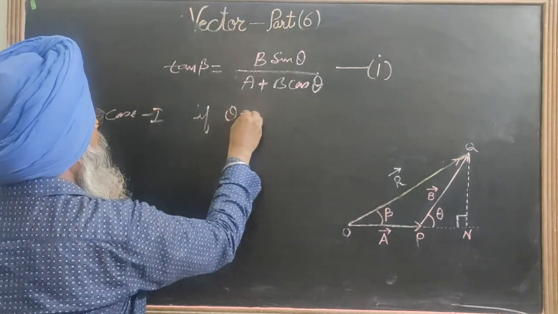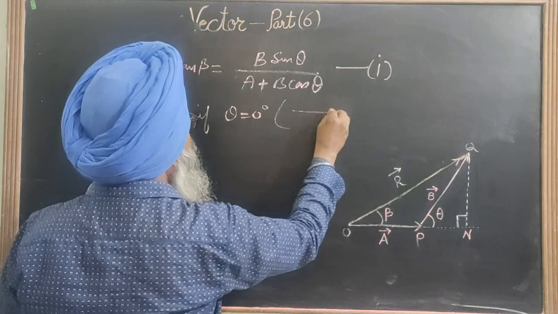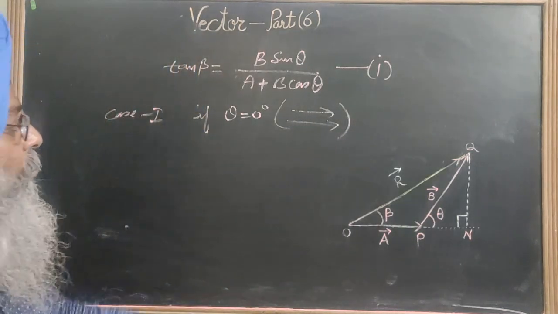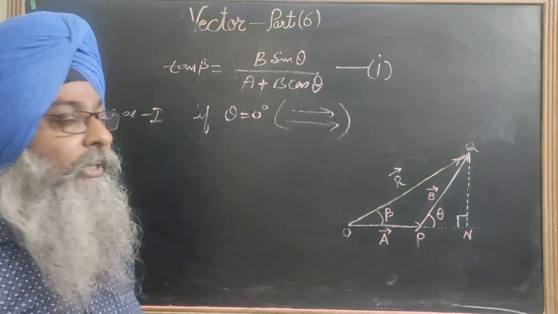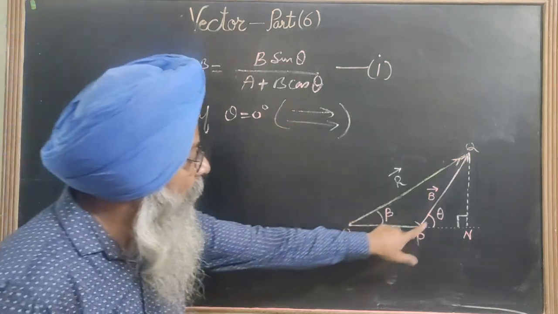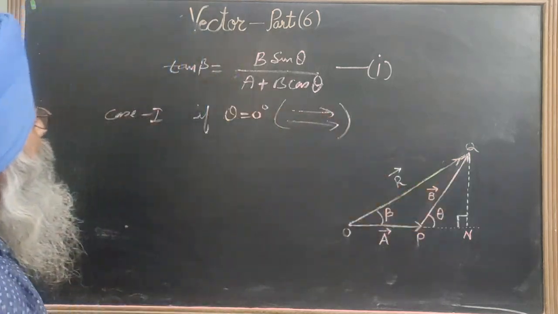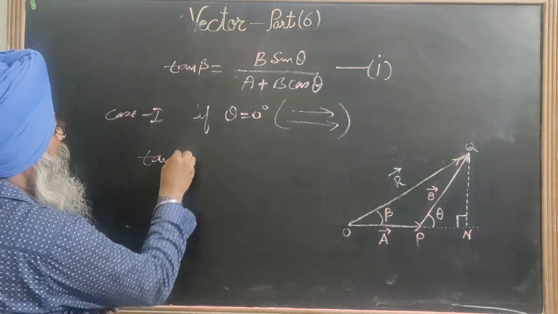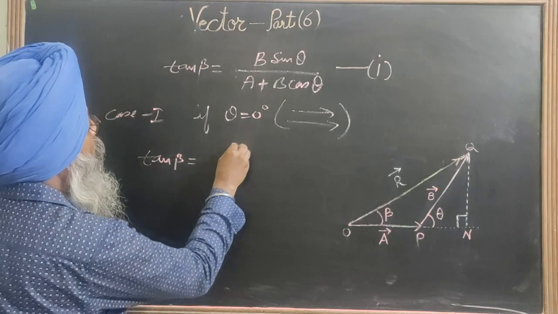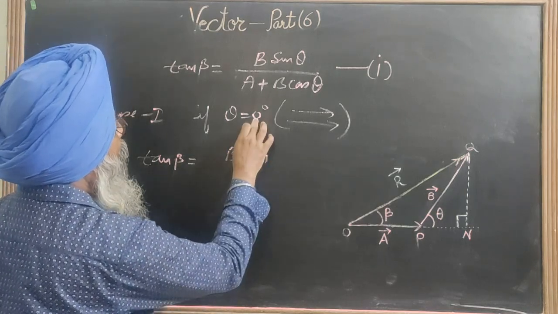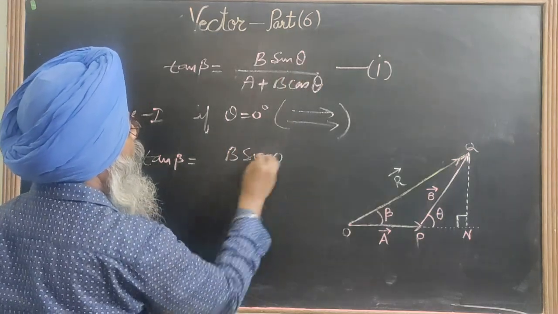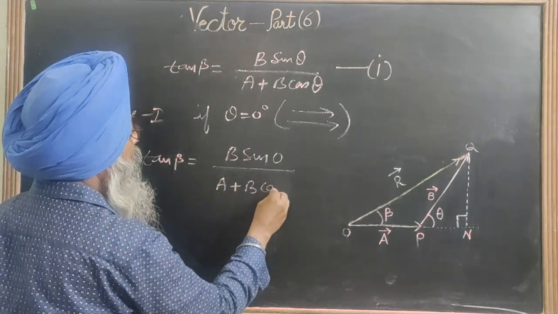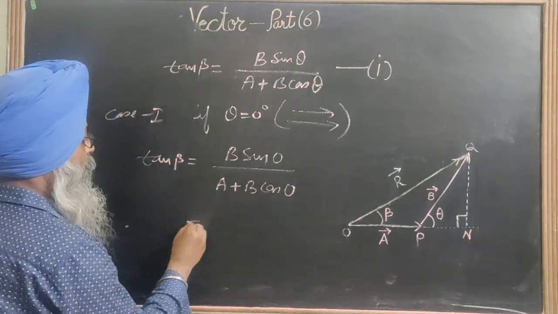Case first, if theta is equal to 0 degree, means the two vectors are parallel to each other. If theta is 0 degree, two vectors A and B are parallel, then we have tan beta is equal to B sine, here you will put the value 0, divided by A plus B cos 0.